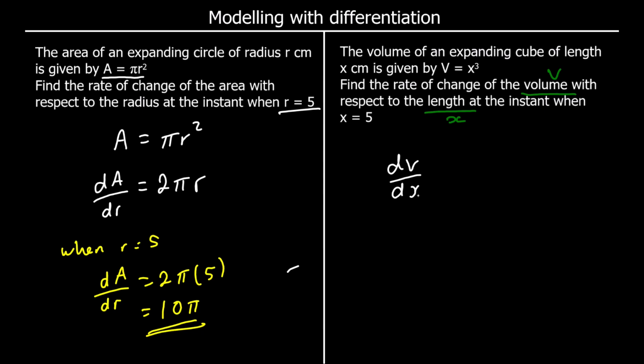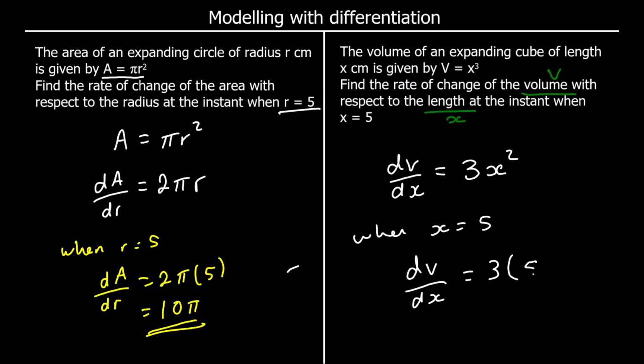And to find dV/dx, we differentiate. So times by the power, take one off the power, we get 3x squared. So when x is equal to 5, dV/dx is 3 times 5 squared, 3 times 25, that is 75.